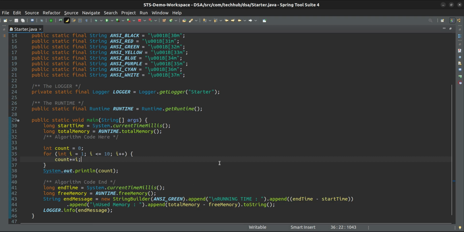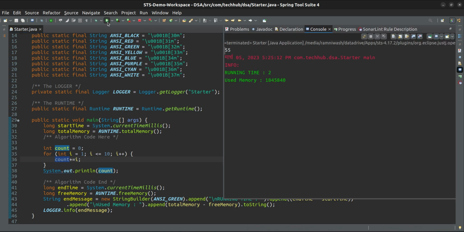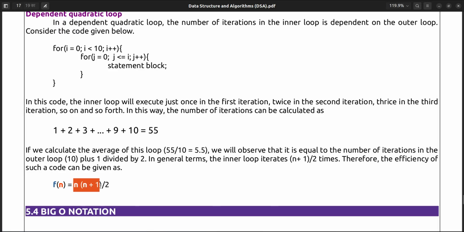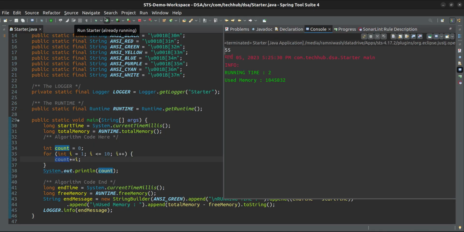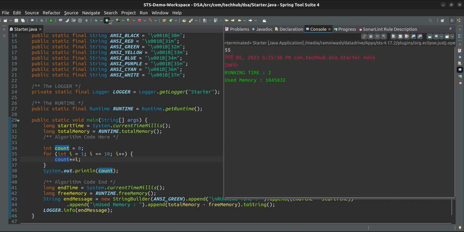Now what will be the value of count? 55, because the sum of the first n natural numbers is defined as n into n plus 1 divided by 2. So if you see, this statement is taking some time to execute, like 2 times it is saying here, 2 it is taking.